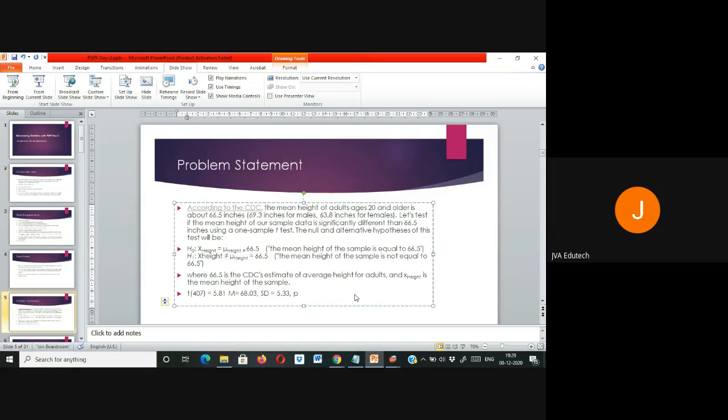At this level, p is less than 0.05. That's why the null hypothesis is rejected, which shows there is a significant difference between the population height and the sample height, where the population height was found to be 66.5 inches on average. In our collected sample, the height was found to be 68.03 on average. You have to report all these things.